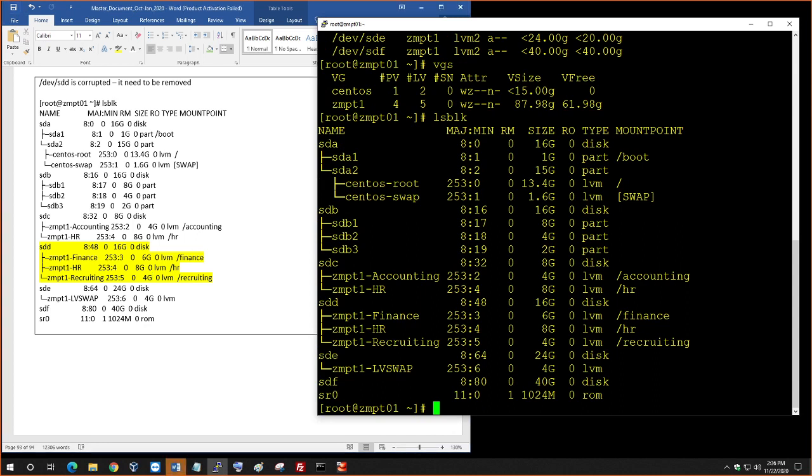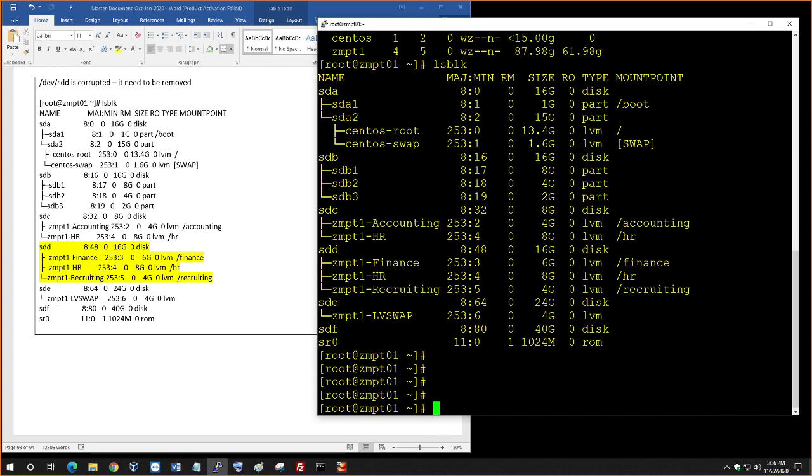Before that, we have to reduce the LVM. Before you reduce it, you have to run this command here, pvmove. Let me clear this here.